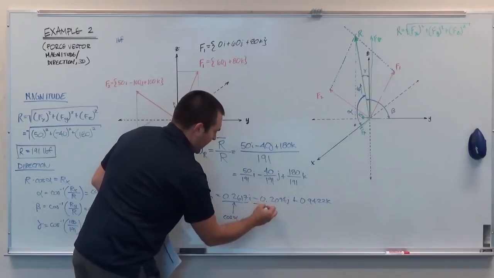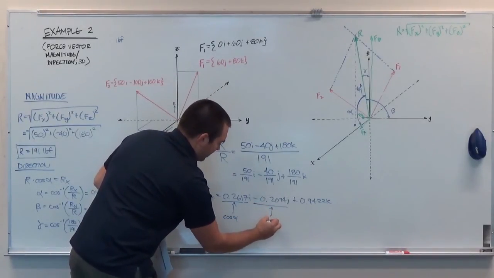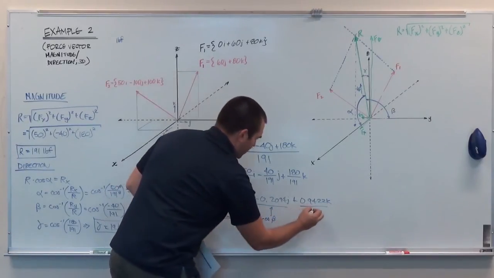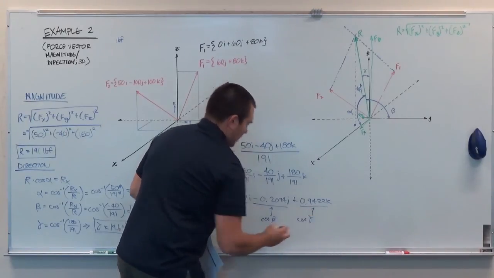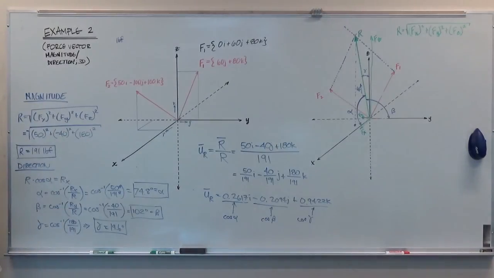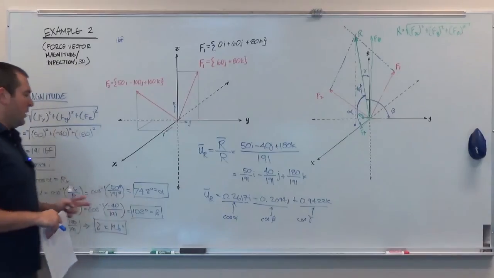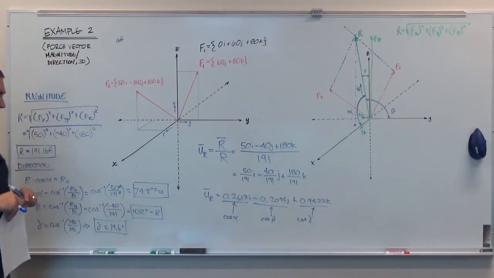Likewise, this term, the negative 0.2094, that's the cosine of beta. And 0.9422, positive 0.9422, is simply the cosine of gamma. So it's another way to get to the same exact answer. It's just that now you also have it in unit vector form as well. Either way is fine. It's just how you organize your calculations.